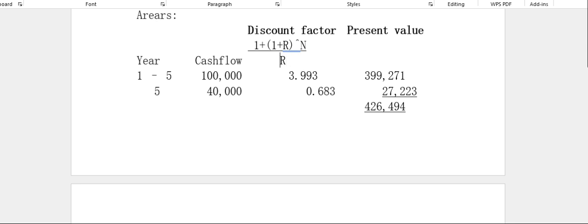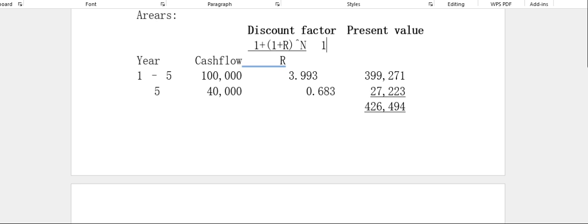If you cannot use this, just do it one year after the other. I think it will be better if we do it one after the other, because some students get confused with this annuity formula, or they may not even remember it. If you are doing it one after the other, the formula is simple.